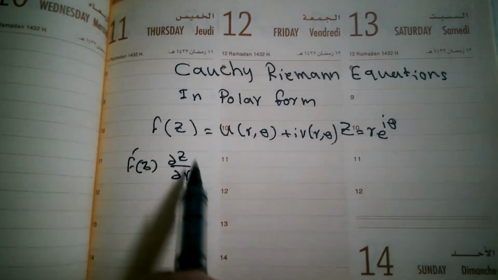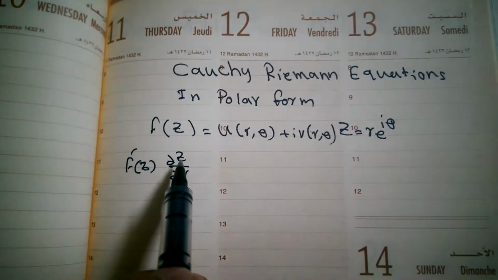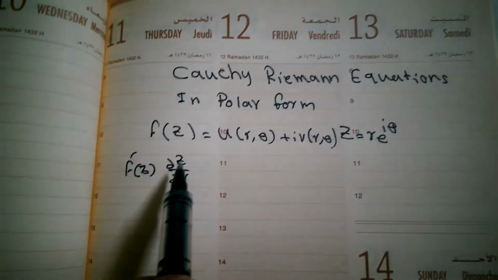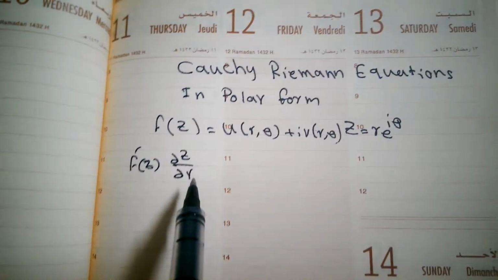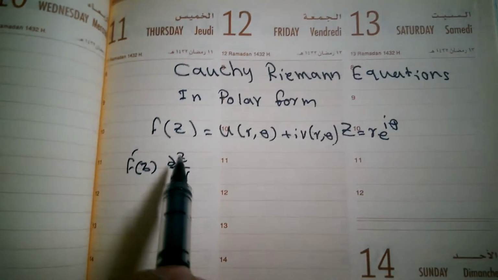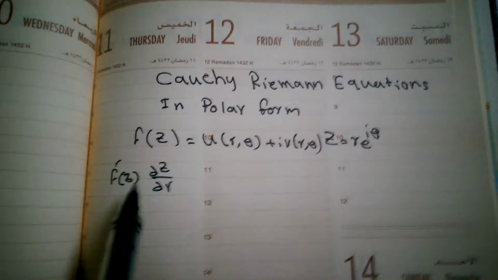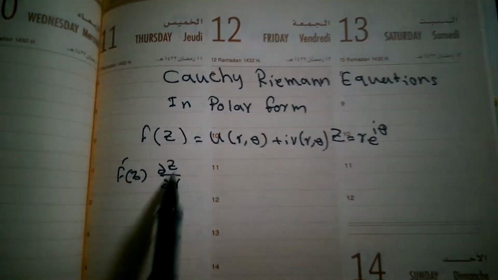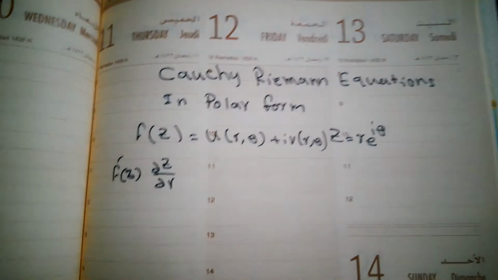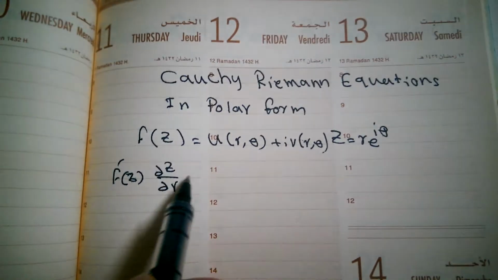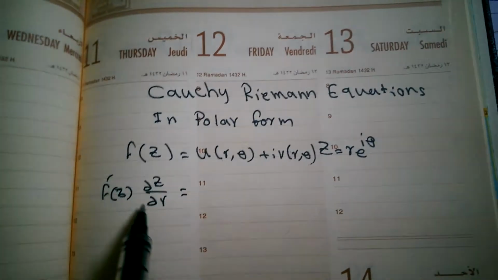Why do we have this? Because z contains r as an independent variable, that's why we must have partial z by partial r. It is equal to what?